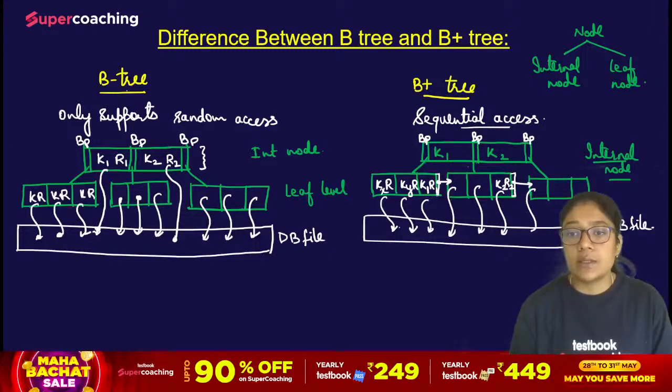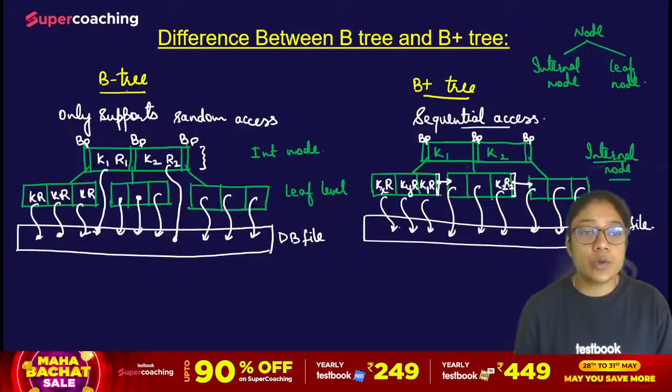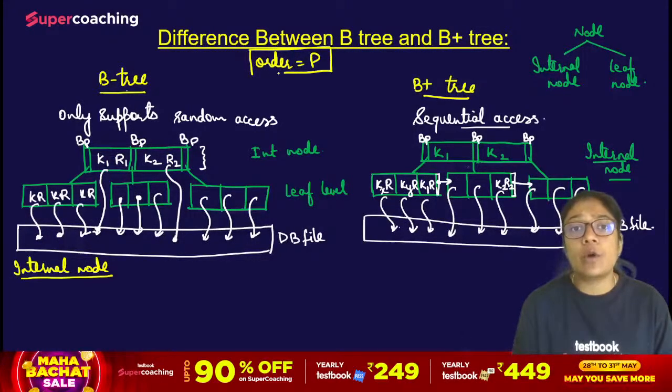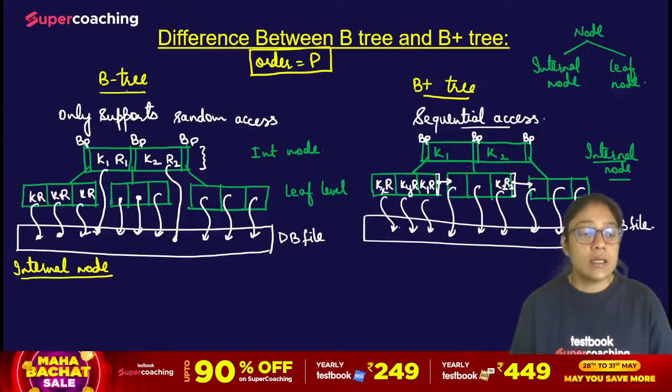So if we talk about the structure of the internal node for the B tree, in the internal node, let us assume that the order of a tree is P. That means the number of children or number of block pointers. Order or degree represents the number of children or the number of block pointers in the tree.